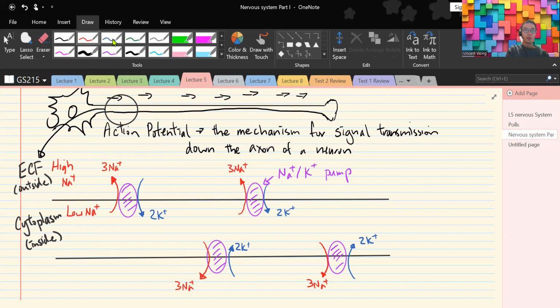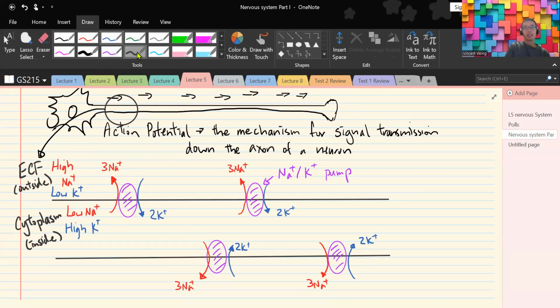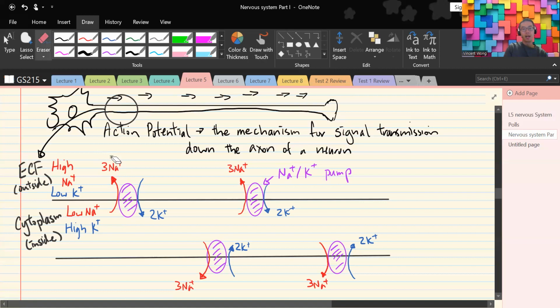On the other hand, you would have low potassium on the outside and high potassium on the inside. Since we are pumping more positive out than we are bringing in, over time, the outside will be more positive compared to the inside.